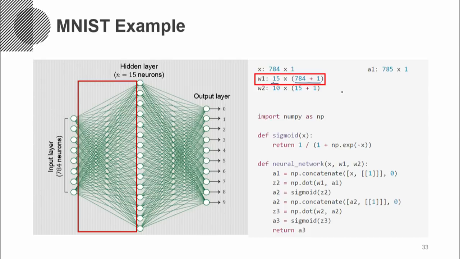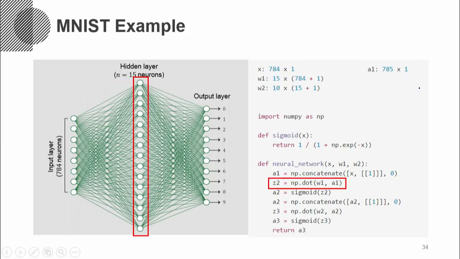So you can think of this matrix of size 15 by 785, and then we multiply our 785-dimensional input vector, and then the resulting vector will be a 15-dimensional output. And such an operation is done by this dot product.